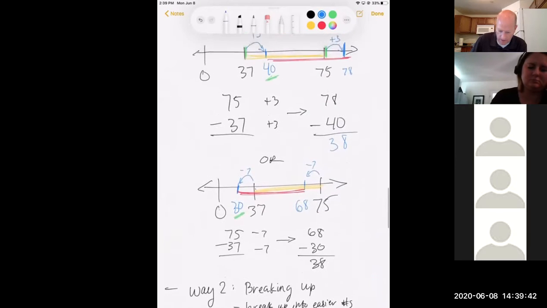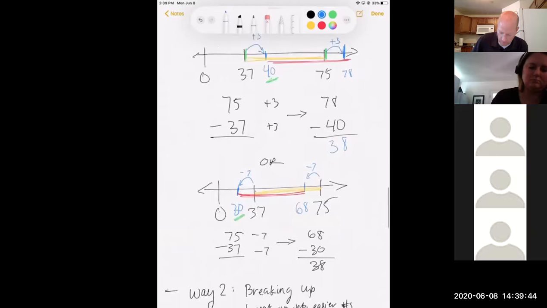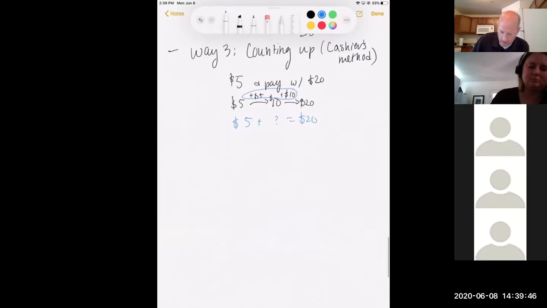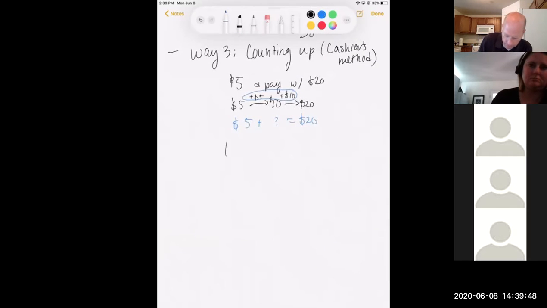If I go back to my number lines, let me draw a new one, sorry. Here is 0, this one's my $5, and this one's my $20. I'm just finding the difference, 20 minus 5.